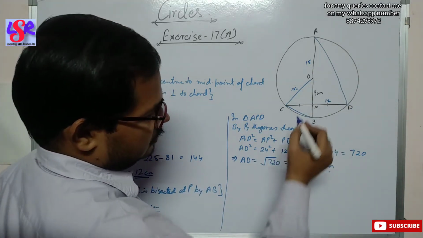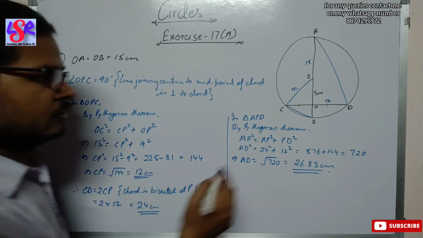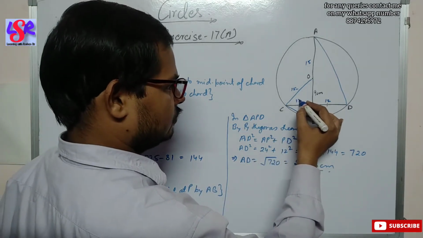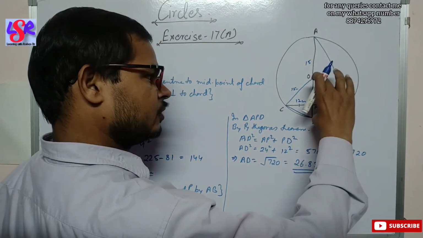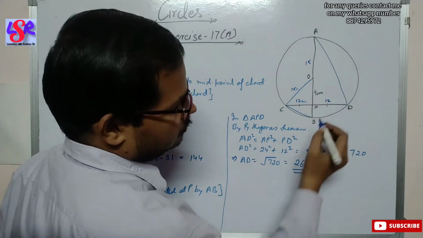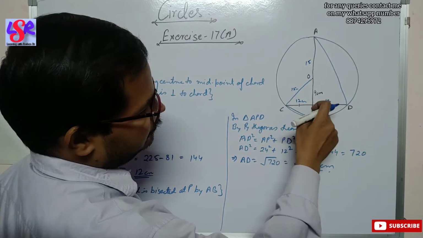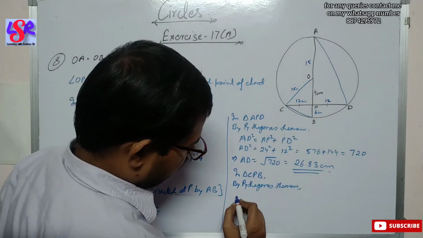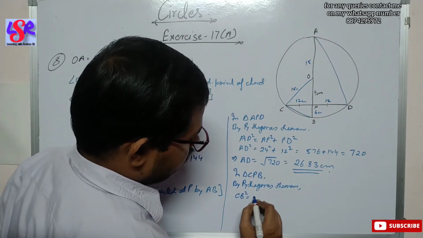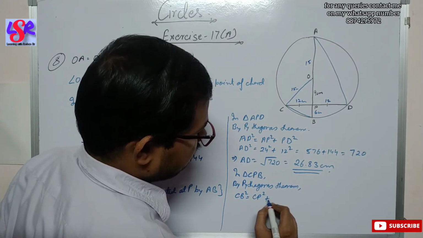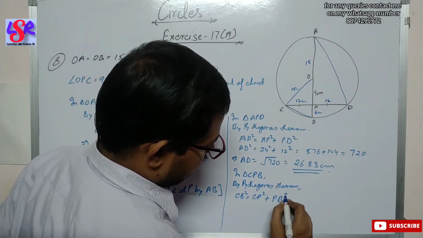And now we have to find the length of CB. So CP we have already calculated, that is 12 centimeter. This whole length is 15, out of which this is 9, so we have 6 centimeter. Now in triangle CPB, by Pythagoras theorem we get CB square equals CP square plus PB square.